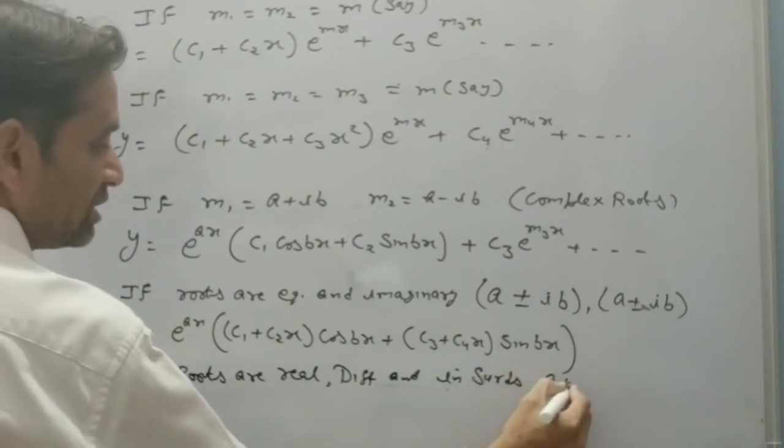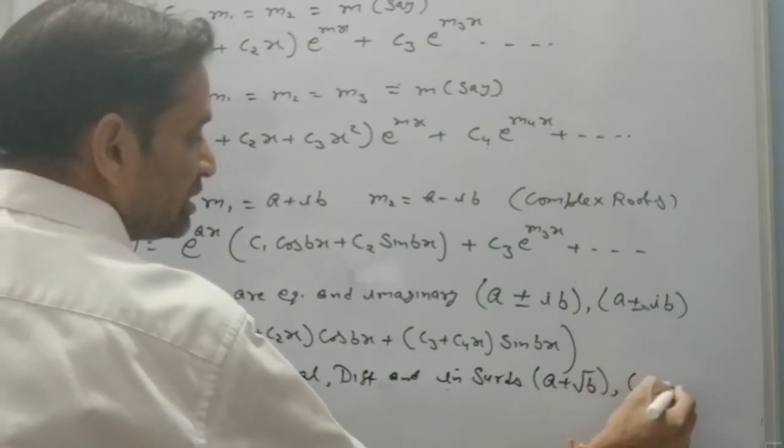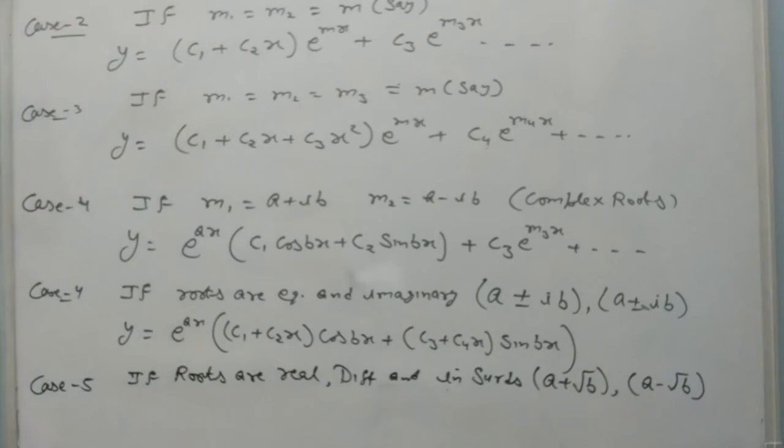Means a + √b and a - √b. Now there is no iota, there is no imaginary root, but the roots are in square root form. Then the solution will be y = e^(ax) (c1 e^(√b x) + c2 e^(-√b x)).